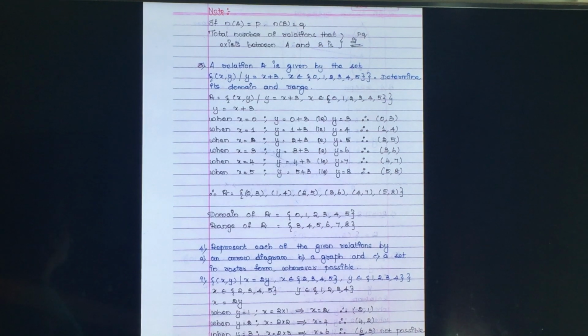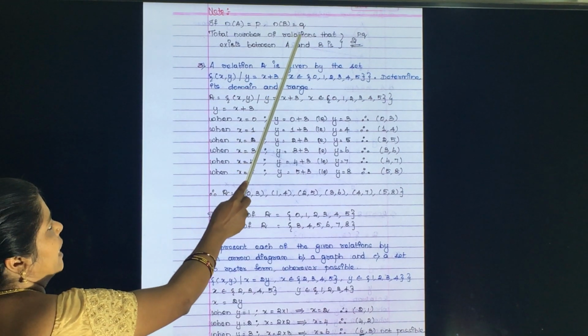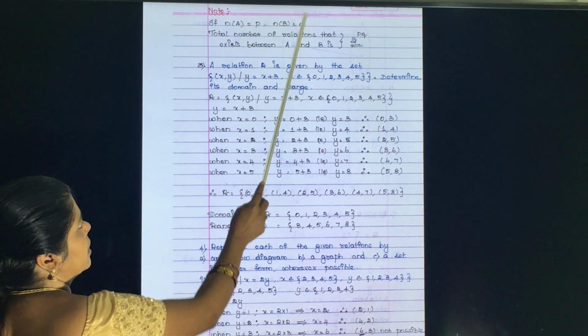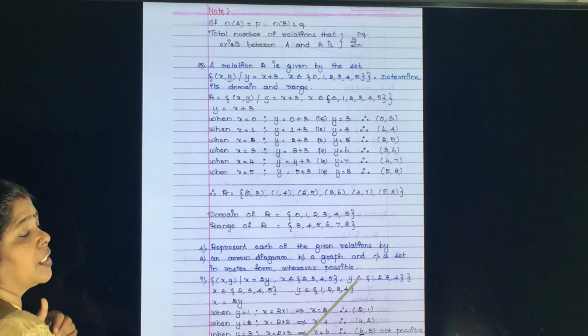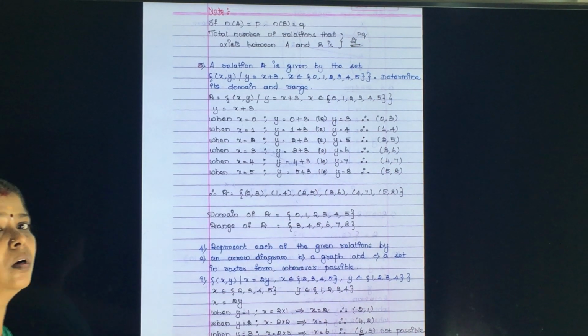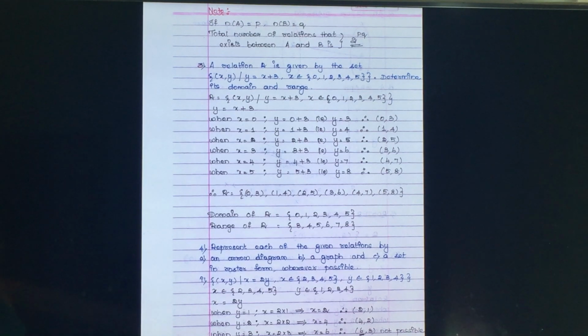This formula you all should understand. How many relations can you take if set A has P elements and set B has Q elements? You can find 2 power PQ. This is what is given in the note.